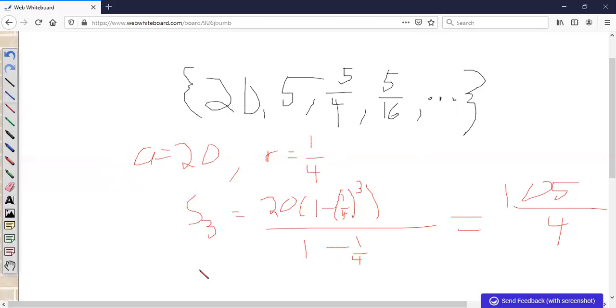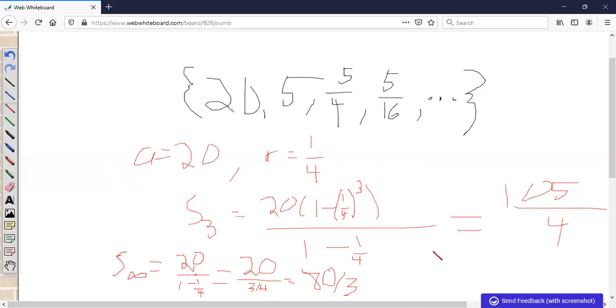Neat. Now, if I ask you this time for, that's the worst infinity anyone's ever written. I don't even like infinity. If I ask you this time for the infinite sum, the absolute value of R is less than 1, so this works. 20 over 1 minus 1/4 gives us 20 over 3/4, which gives us 80/3, and we're done.